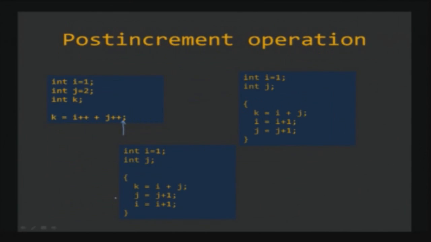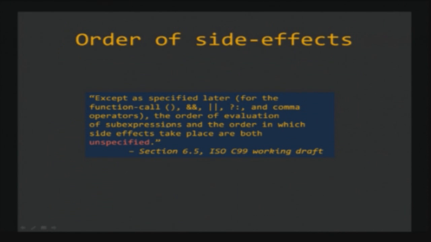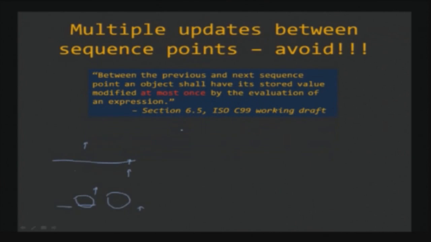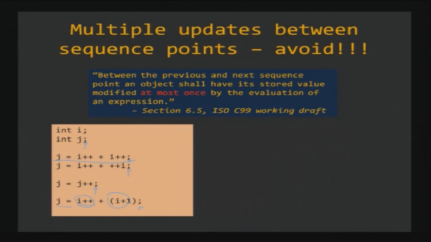Let us just go back to that, and this is what it says: the order of evaluation of sub expressions is also unspecified. If you look at this expression j = i++ + i + 1, it is not clear which happens first, i++ or i + 1. So that is also unspecified.